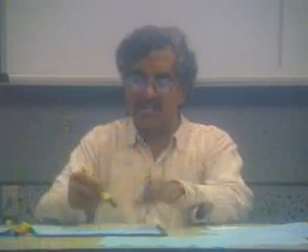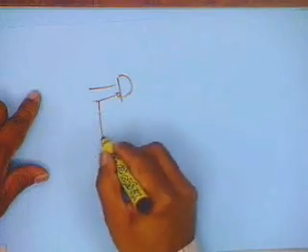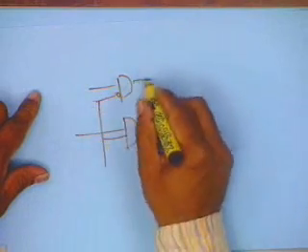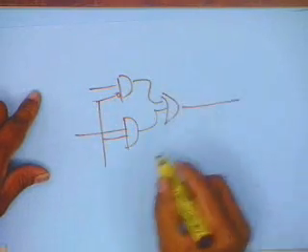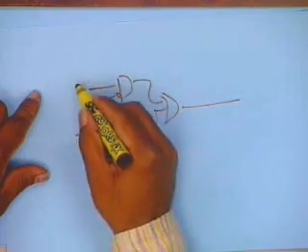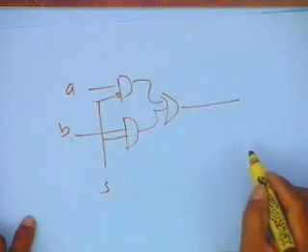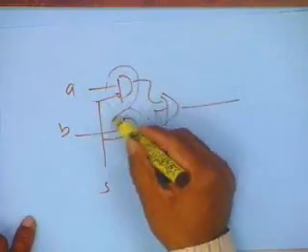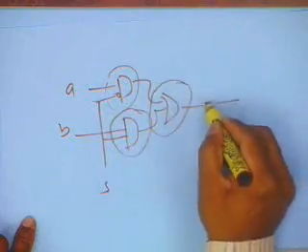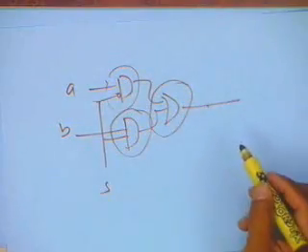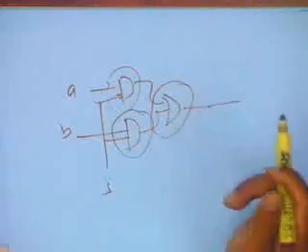In that case, if this is your multiplexer, I write the equation for this, I write the equation for this, I write the equation in terms of these equations, and I get the equation for how the fault gets propagated.